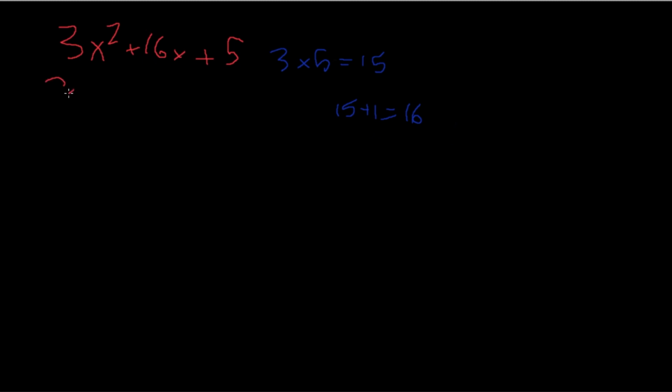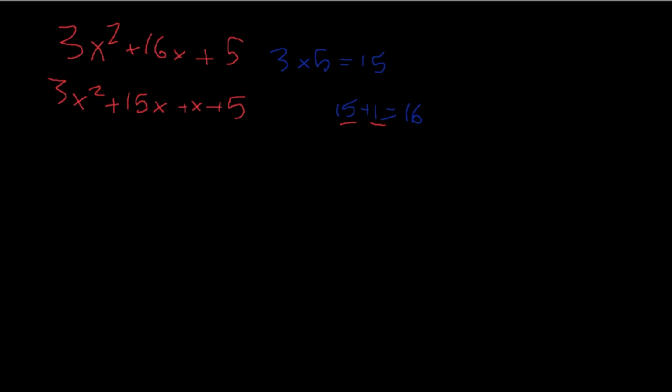So you end up with 3x squared plus 15x plus x, 15 and 1 right there, plus 5. Now you might look and see, well, this is just an expanded form of this. It is, but that is where grouping comes in.